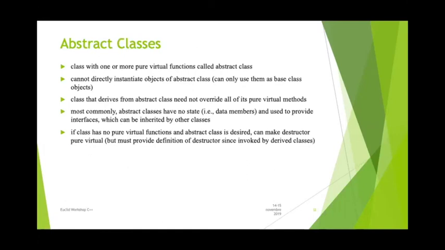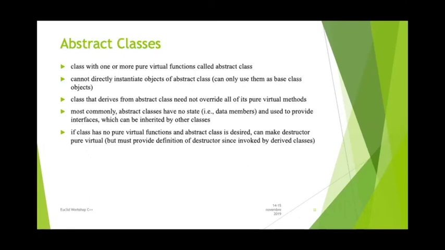So what is an abstract class? A class which has one or more pure virtual functions is called an abstract class, and you cannot directly instantiate an object of an abstract class. And classes derived from the abstract class need to override all the pure virtual functions.